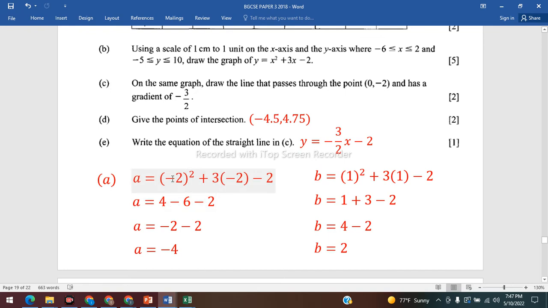So just put negative 2 into the equation and then work it out. Where does 6 come from? 3 times negative 2. Okay, I see how you get negative 4. Yeah. How about 2? Yes, sir. Good.